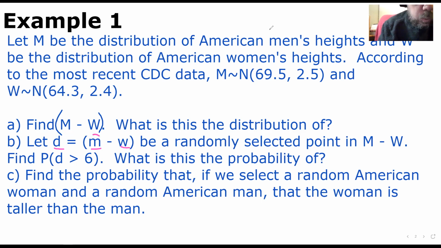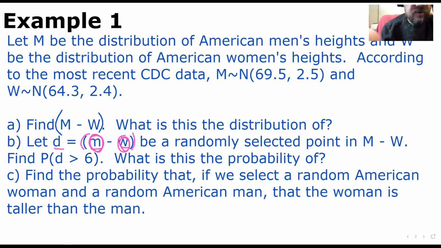So this is one man's height, one randomly selected man's height, and w is one randomly selected woman's height. You can think of this whole thing as collectively one number, and it's one number that's in this distribution, right? Because this is all the possible differences in heights, and this is one of them. So that's in that distribution.